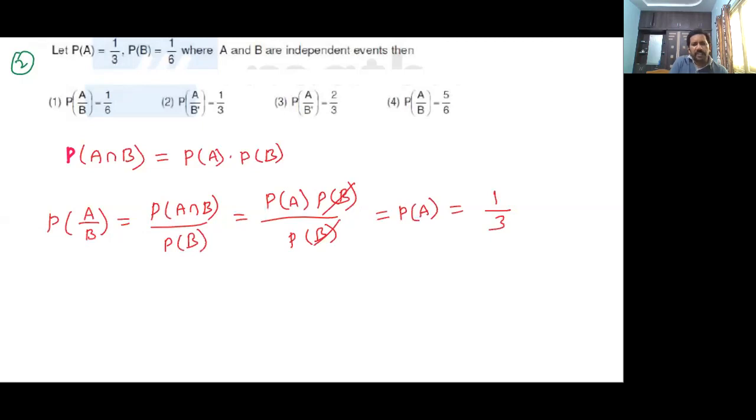See here in first and fourth option, that value cannot be 1 by 3. So those options are wrong. Next, go to another one. That means second and third option.